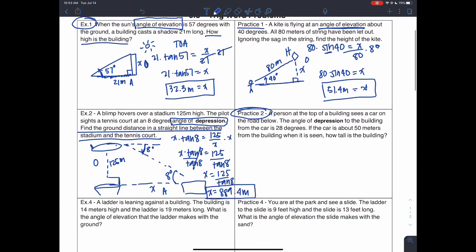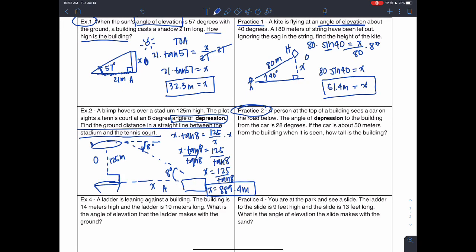I would like you to draw the picture this time. Okay, hopefully everybody was able to get a picture kind of like this. So now let's write out our trig ratio. Well, first we have to make sure that we include our angle 28 degrees down here. Remember, interior alternating angles are equal to each other, so these two angles are equal.